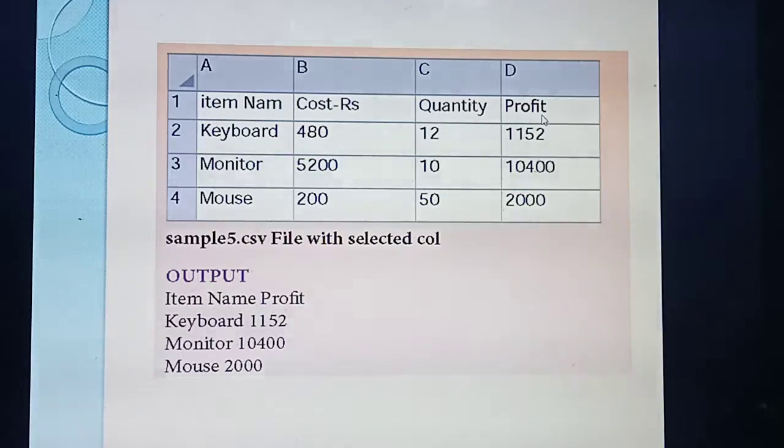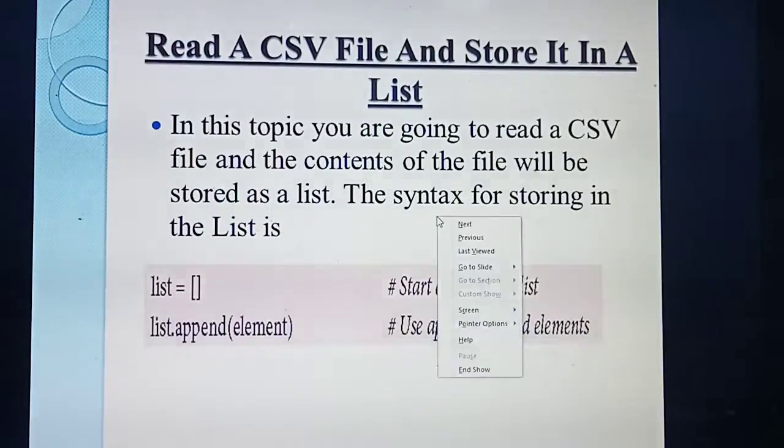So in your program, column 0 and column 3 will get printed. Remaining things won't get printed. Understood? So see the output: item name and profit. Only these two columns alone get printed.